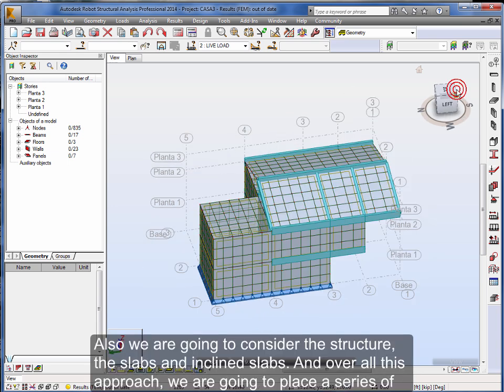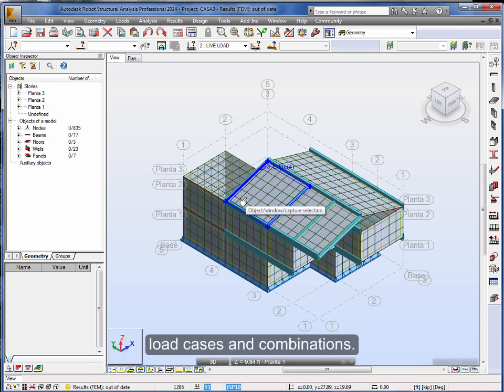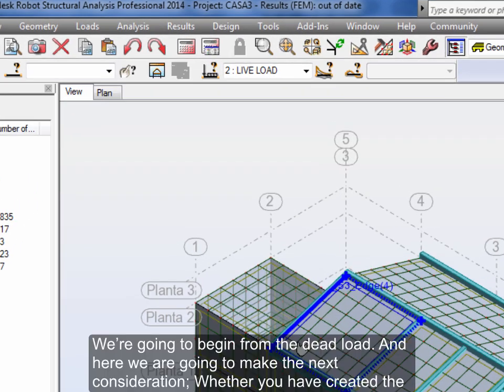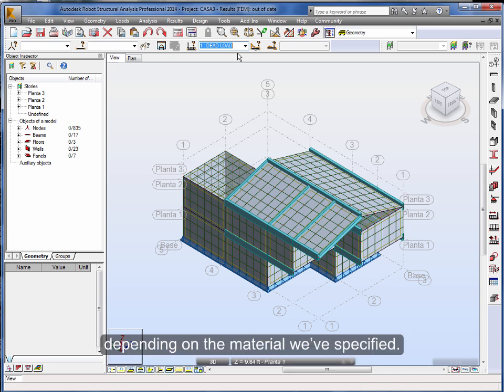Also, we are going to consider the structure, the slabs, and inclined slabs. And over all this, we are going to place a series of load cases and combinations. We are going to begin from the dead load. And here we are going to make the next consideration. Whether you have created the project in Autodesk Robot, or imported this from Revit Structure, Robot is going to consider by itself the weight of the structure, depending on the material we've specified.